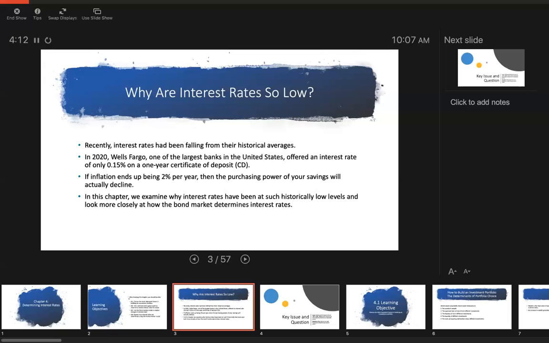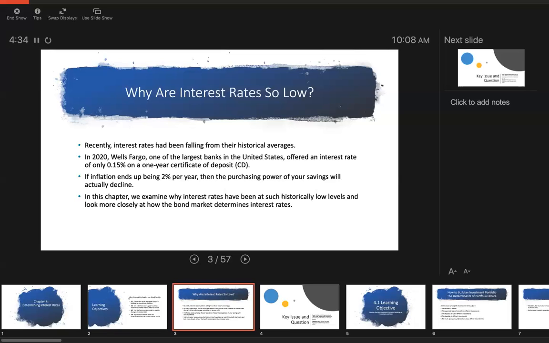And if you remember the argument around Irving Fisher's idea that there is something called the real interest rate and the nominal interest rate. The real interest rate tells us how much whatever you're earning in interest is in terms of purchasing power. So it's the nominal interest rate adjusted for inflation.